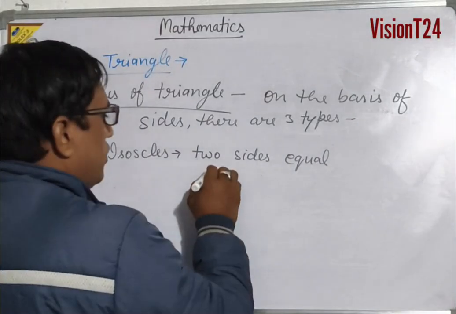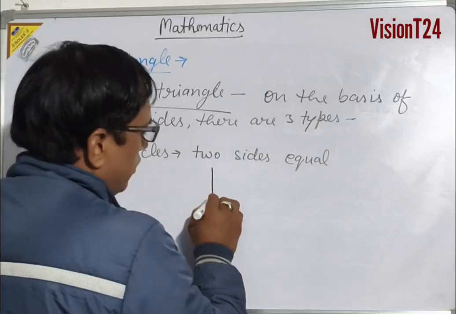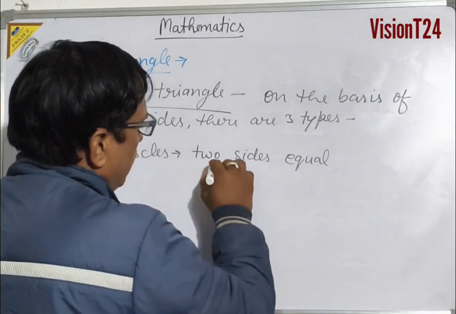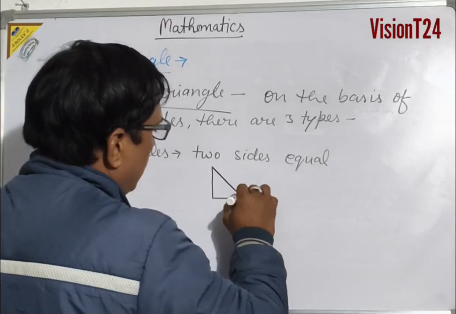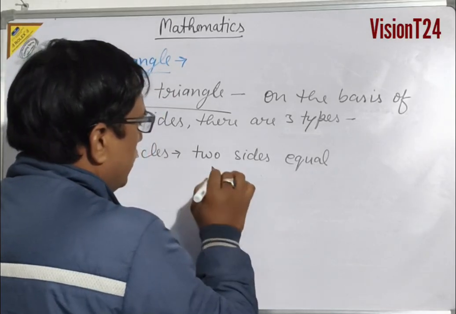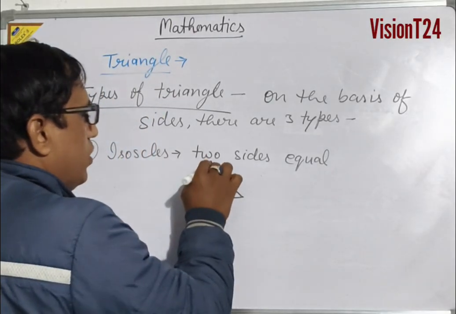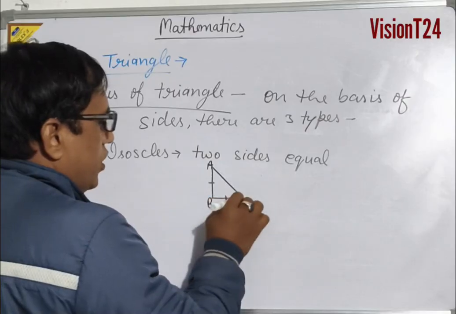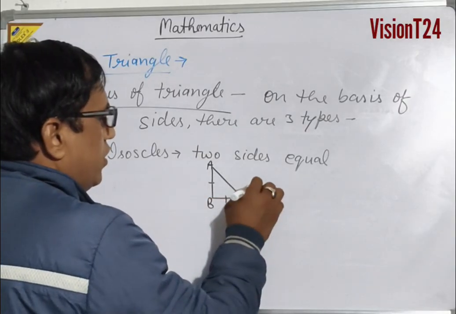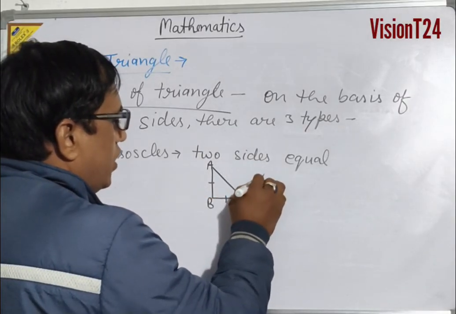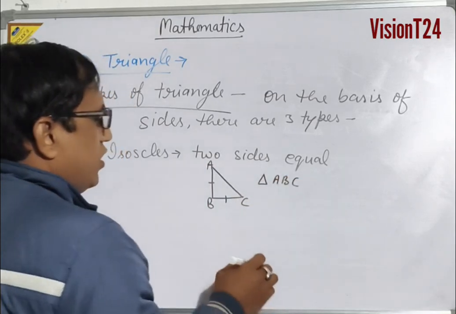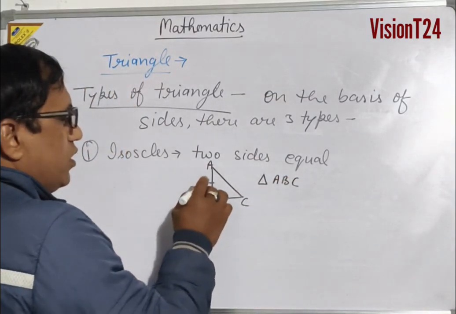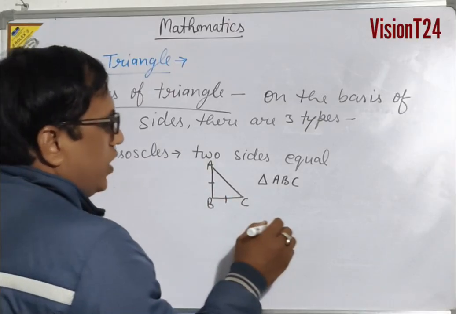Just like if this side is equal to this one, this type of triangle will be called isosceles triangle. And the way we denote a triangle, that will be triangle ABC. So it will be having two sides equal, right?